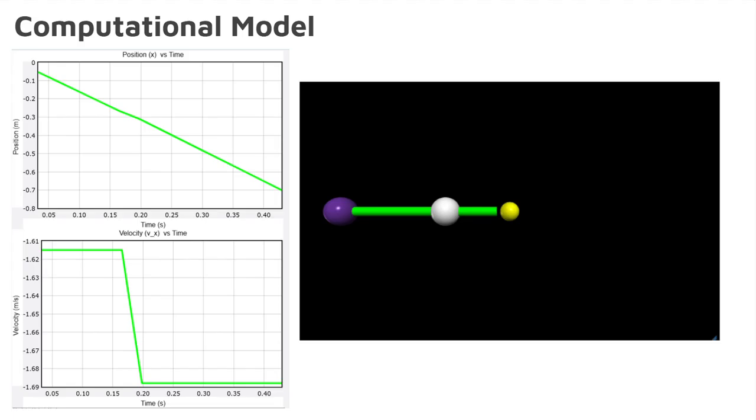So you can see in my computational model, I've got my cue ball. This is where it collided with the purple ball and then sent the purple ball flying and it stopped velocity from the origin. And then this is actually a combination of the two graphs of the different positions. So as soon as one position ended, the other started. So this is showing that because it's a totally linear line, the collision didn't have any effect on the change in position.